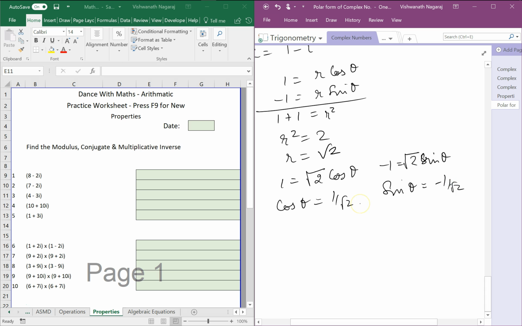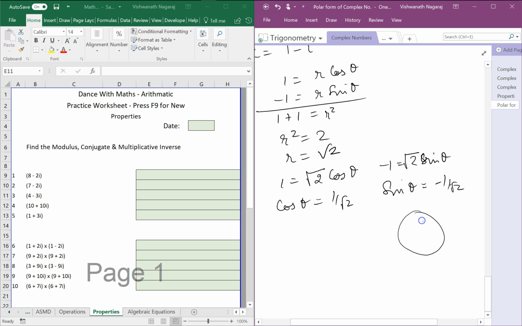First of all, the moment you see that sin θ and cos θ are the same in absolute value, it has to be 45 degrees, and if both of them are positive, then it has to be 45 degrees. Otherwise, you have to look at the other quadrants and the reference angle.